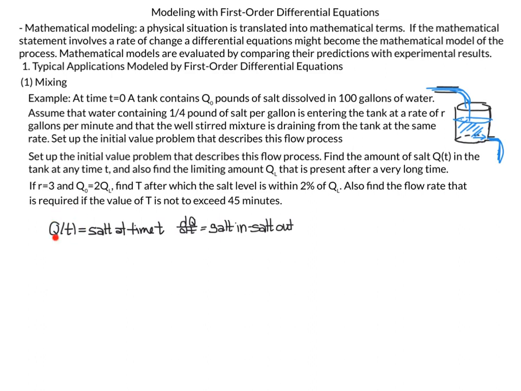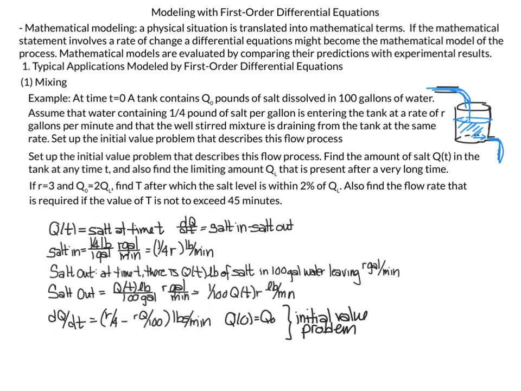To start this problem, we want to find Q(t), the salt at any time t, but what we want to start with is dQ/dt, how the salt level changes over time, and that's equal to salt in minus salt out. So first we want to set up the initial value problem.